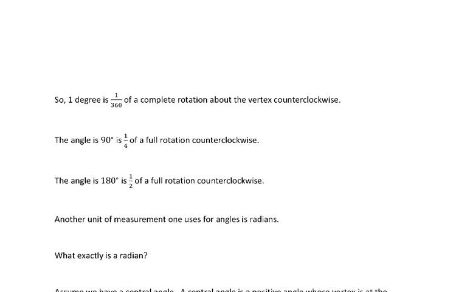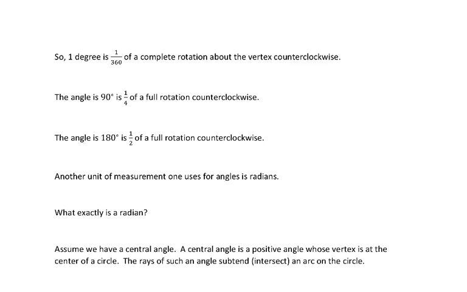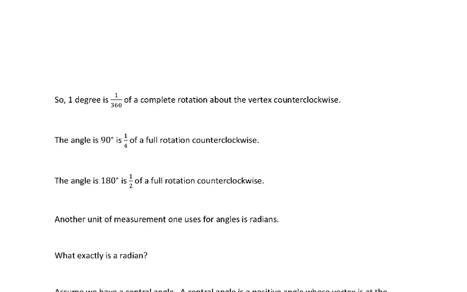So as I just said, 1 degree is 1 over 360th of a complete rotation about the vertex counterclockwise. So a 90-degree angle in particular would be a quarter of that, like so. So this would be a 90-degree angle.